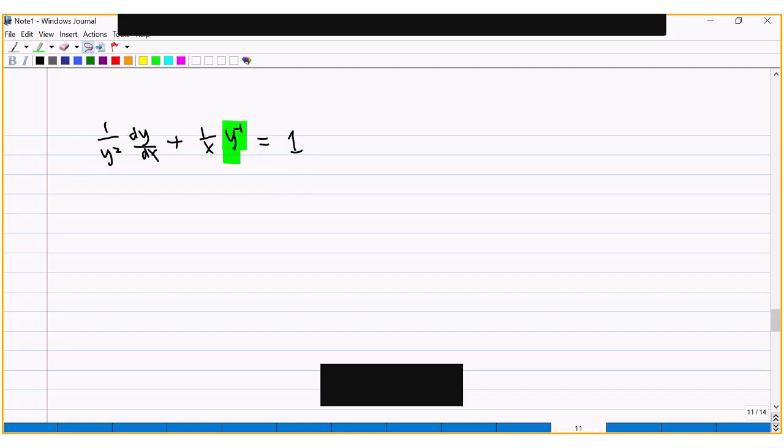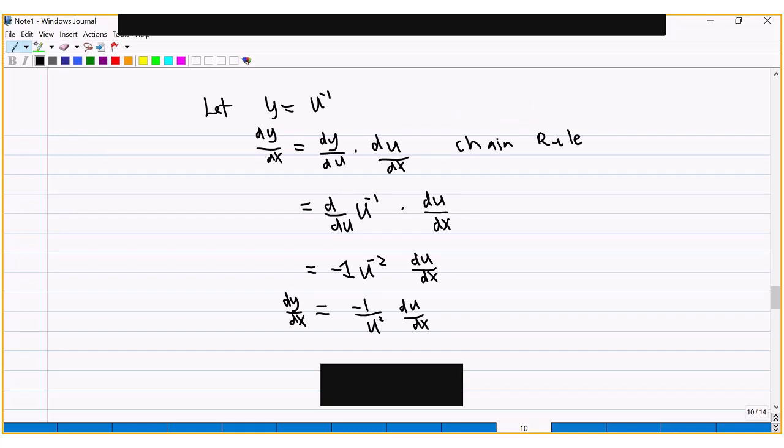And now I know u is equal to y power minus 1. This is the green one. And the other one is what dy/dx is now. I want to replace everything so the y disappears. So replace dy/dx with minus 1 over u squared du/dx.